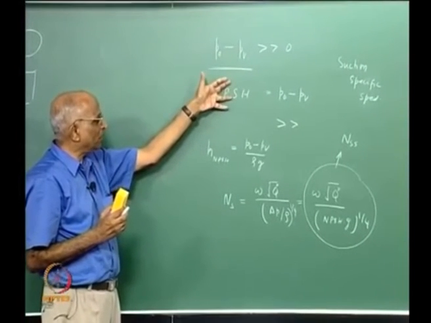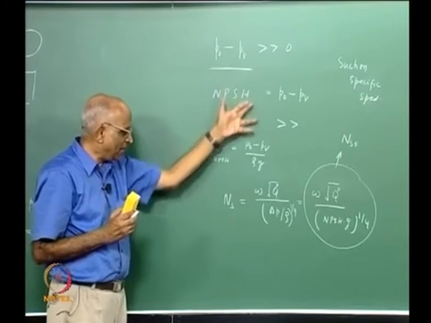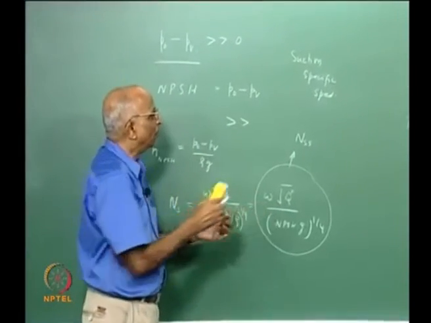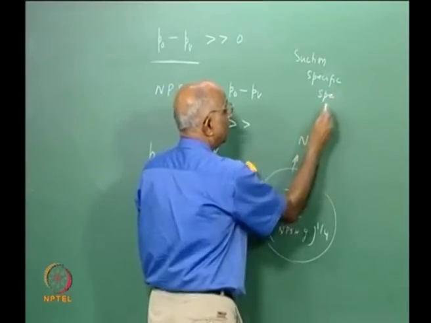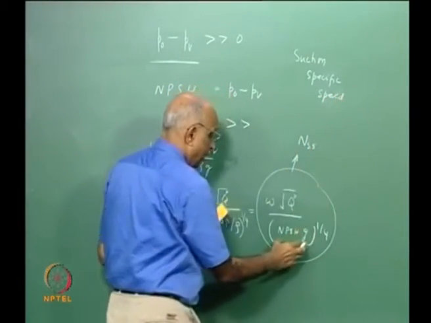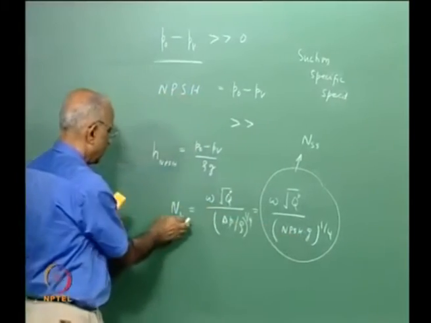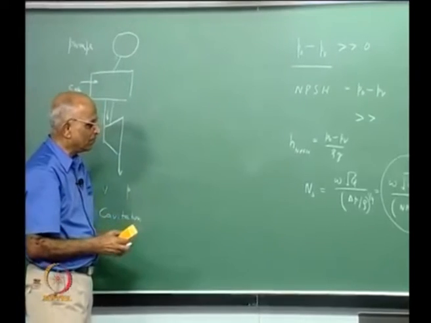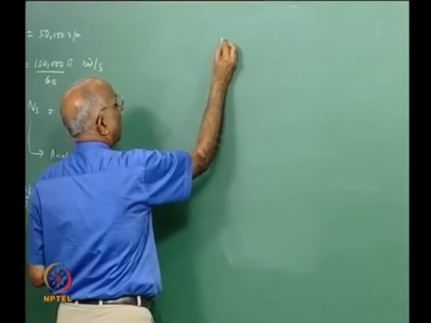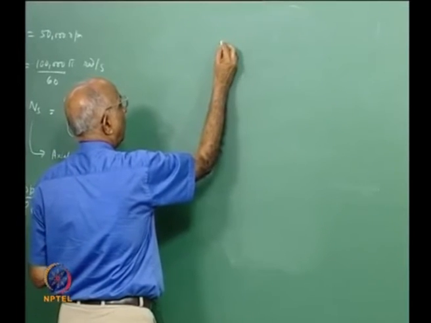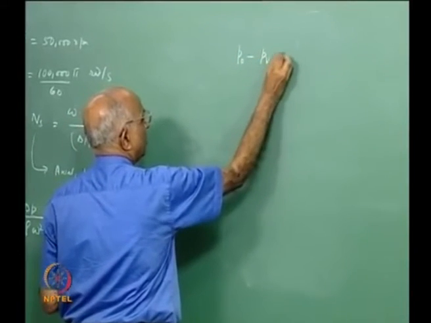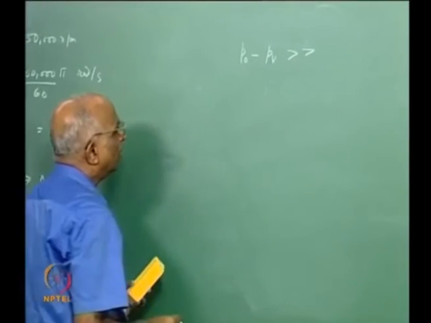We would like the net positive suction head to be large, and therefore this NSS gives you an idea of what we need to do to make this a large number, or rather the specific speed must come down under the suction conditions. We tell ourselves, well, I would like the value of P naught minus the vapor pressure to be a large number.